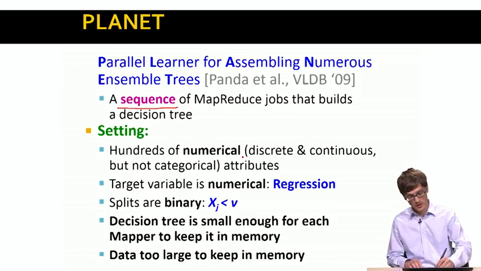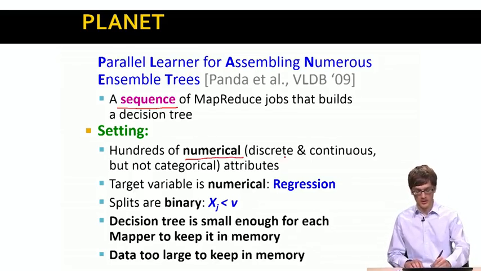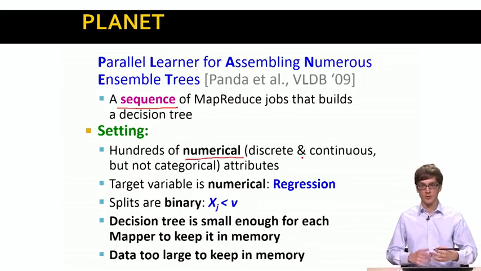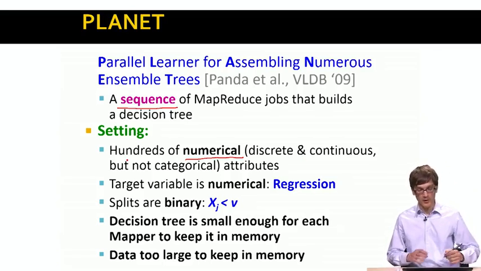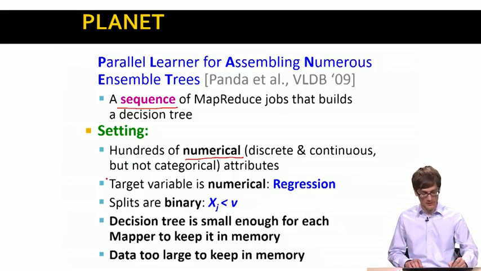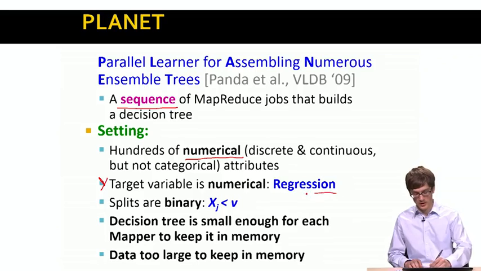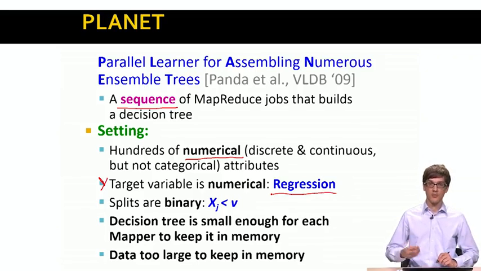We will only consider numerical attributes. We can think of them as discrete, meaning integers, or continuous, like real values, but we have no categorical attributes. We will think of predicting the target variable y to be a continuous or numerical value, so we will think about regression.